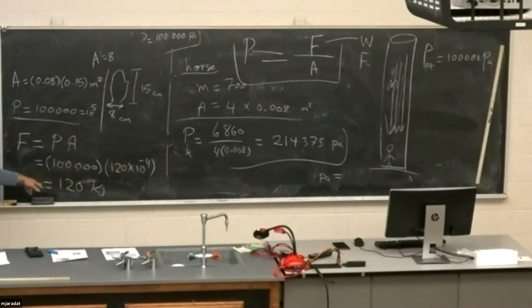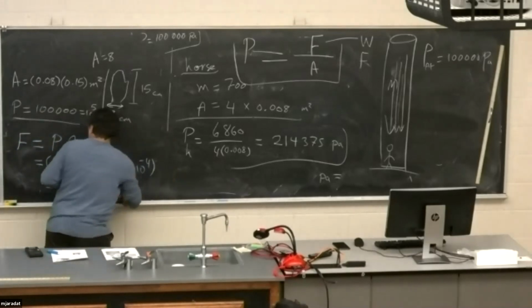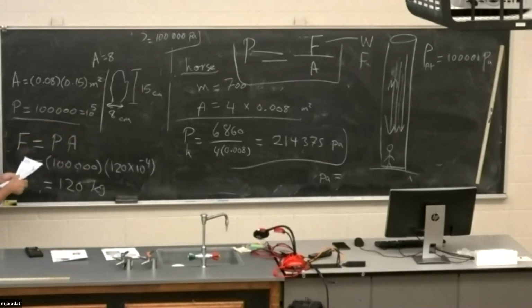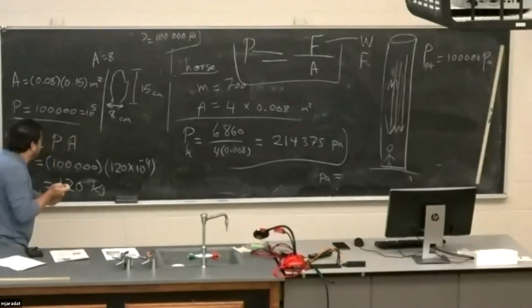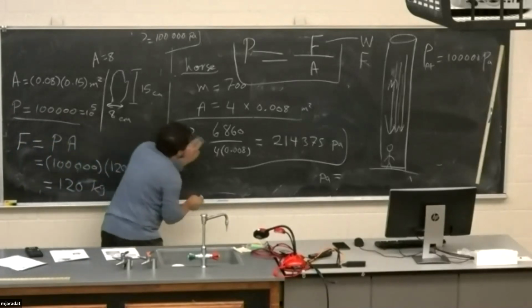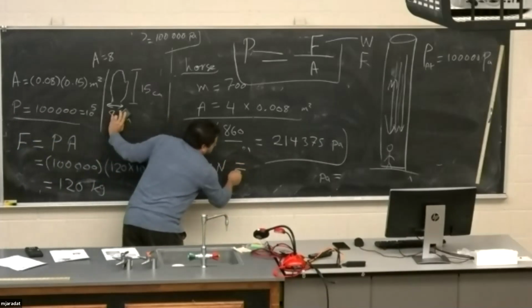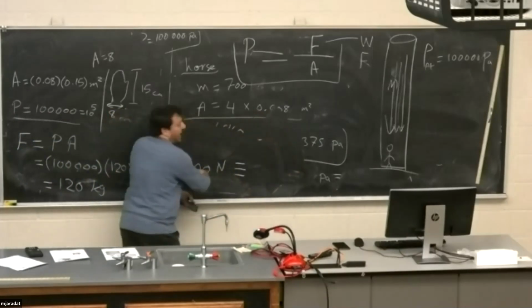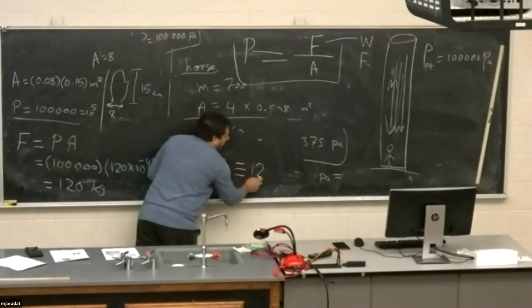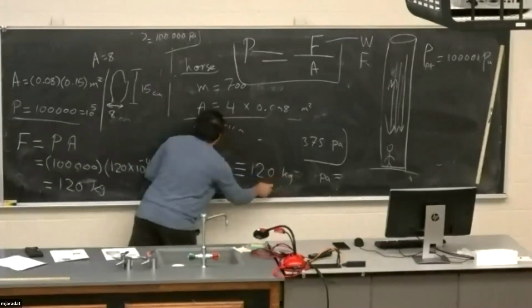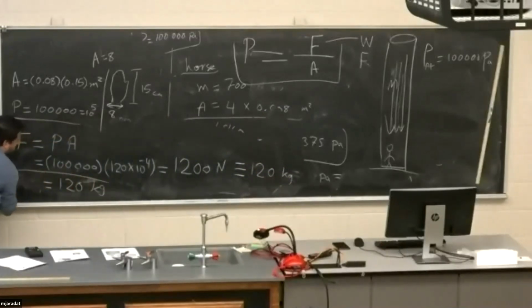So this is the force, 1,200 newtons, which is equivalent to, if we divide over g, which is almost 10, 120 kilograms. This is the mass here.